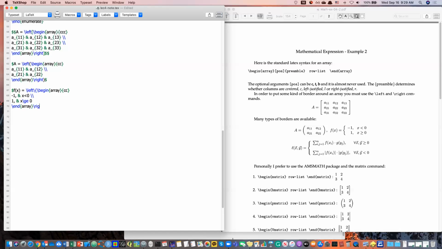Keep in mind this here: that expression does not have the right parenthesis or a bracket, something like this.